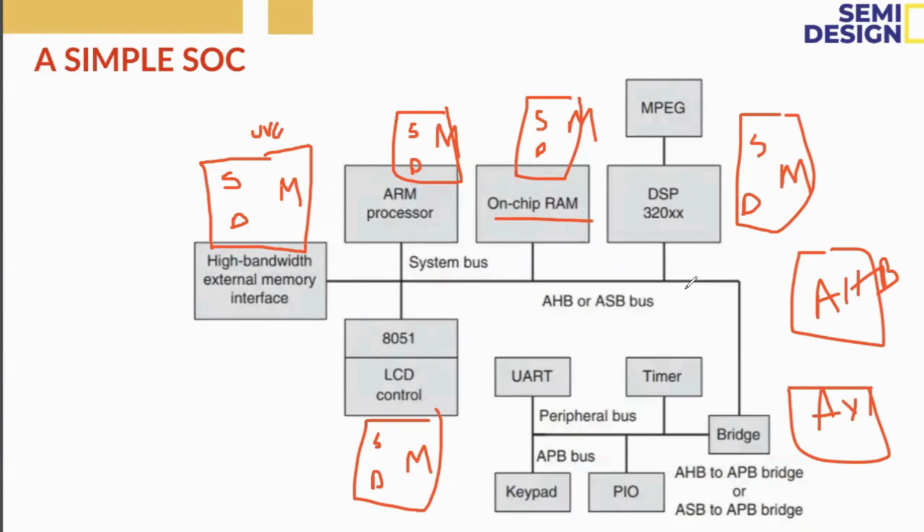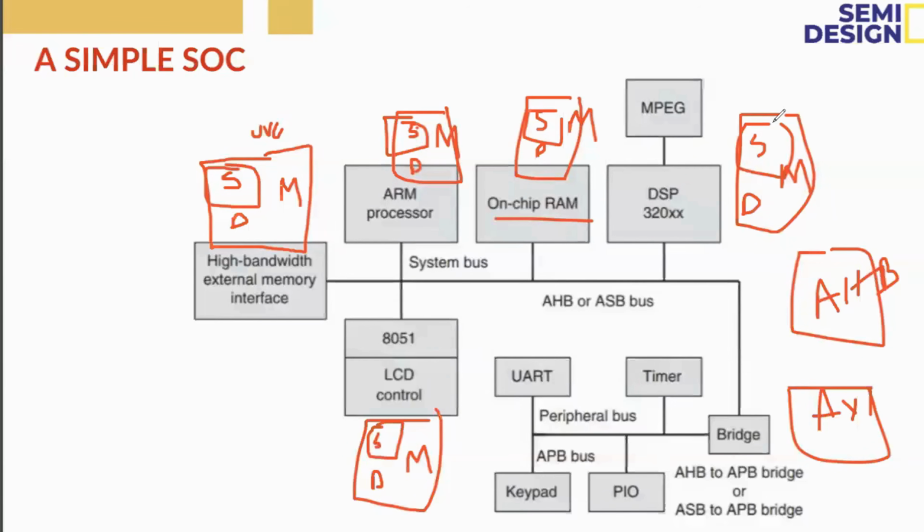Okay, see here, suppose we are buying all these UVCs. So what happens here? There will be n number of sequences here, n number of sequences here, also n number of sequences, and from this we can generate n number of sequences. These stimuli are already provided by the IP vendor. Okay, so at the system level, as the verification engineer, we are going to write only the top level virtual sequences.